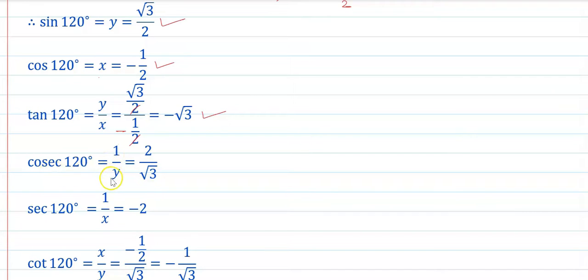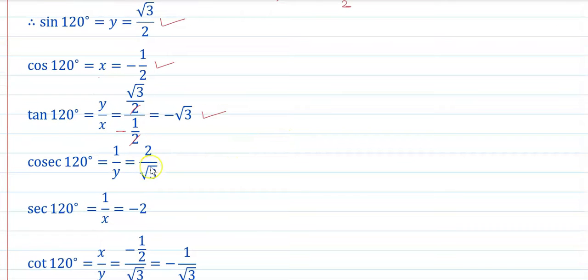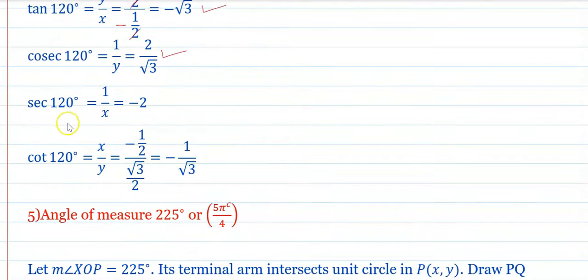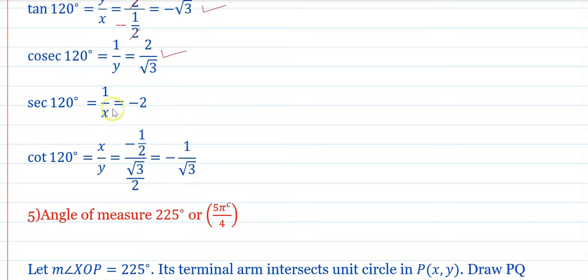Cosec 120 means what? 1 upon y. But what is the y? Y is root 3 by 2 and its reciprocal is 2 upon root 3. Sec 120 is equal to 1 upon x, that is minus 1 upon 2. Its reciprocal is minus 2. Cot 120, that is x upon y.